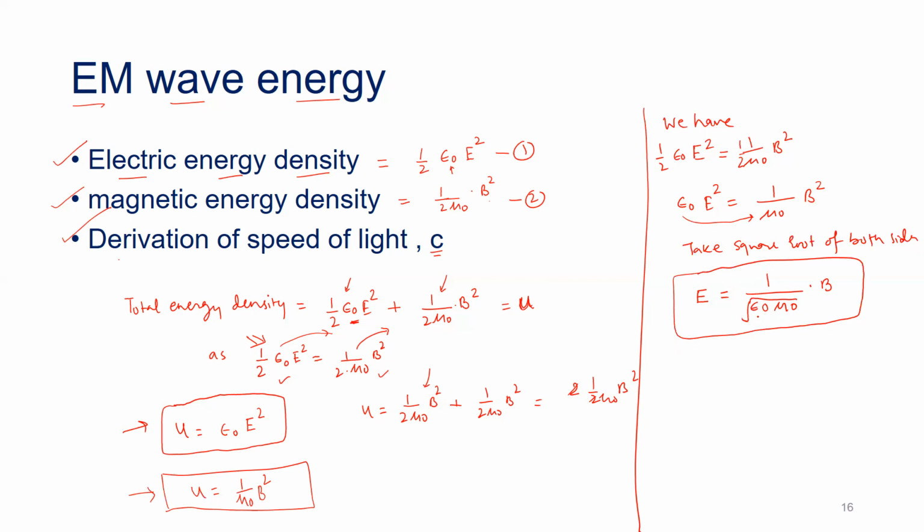Now we know the values of epsilon naught and mu naught. Epsilon naught is a value obtained from electric experiments and can be written as 8.85 into 10 to the power minus 12 farad per meter.